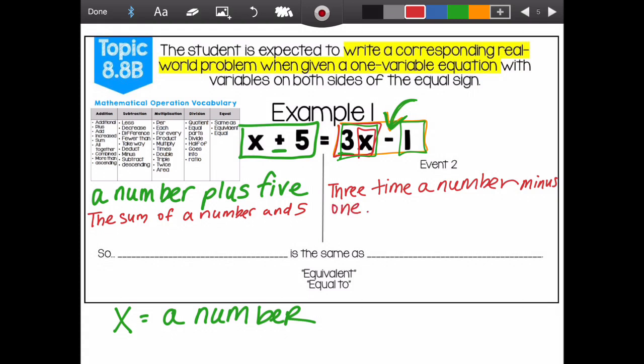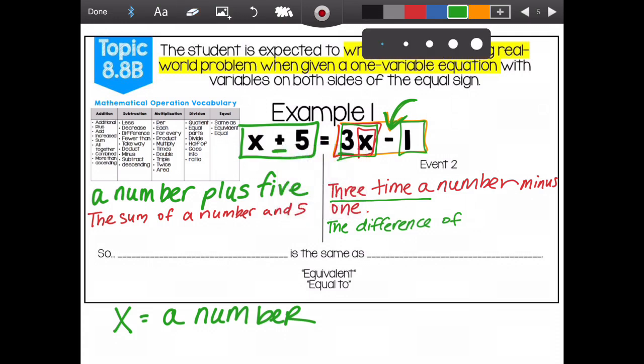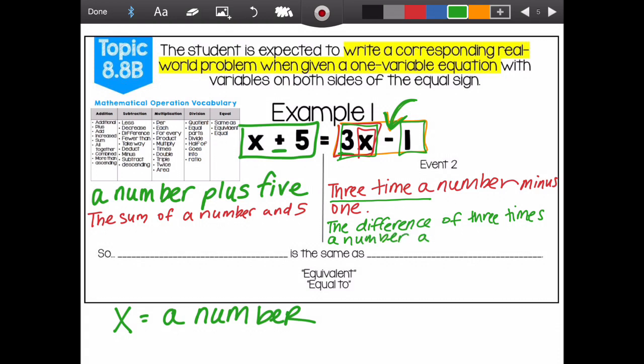Okay, just like with the left side over here, we also could have written the difference of, and again, we want to write this part, 3 times a number. Again, we're writing in words. The difference of 3 times a number and 1.